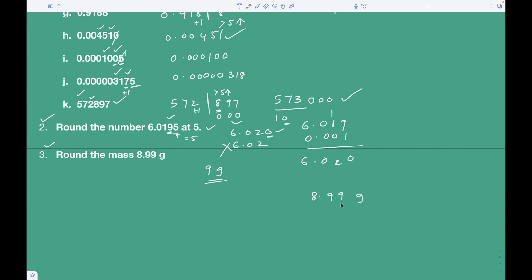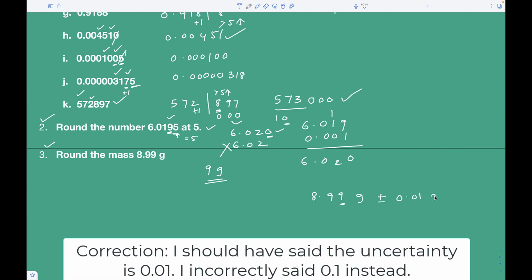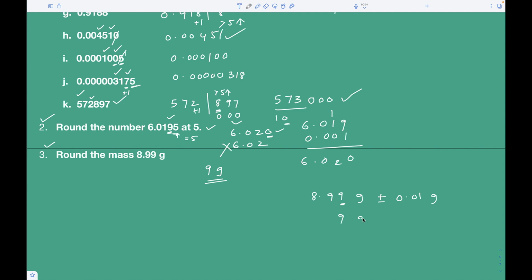That means there is an uncertainty in this last digit and the implied uncertainty is plus or minus 0.1 grams when the uncertainty is not explicitly stated. But if you round this to 9 grams, then the implied uncertainty is again in this digit. This is the only significant digit, and if there is only one significant digit, then that is the uncertain digit.